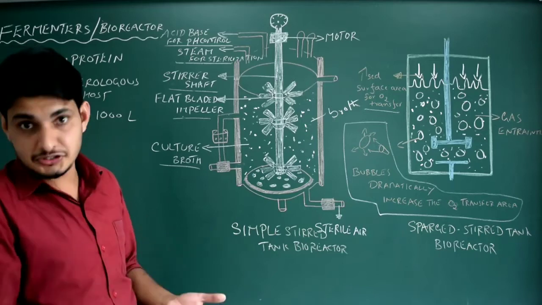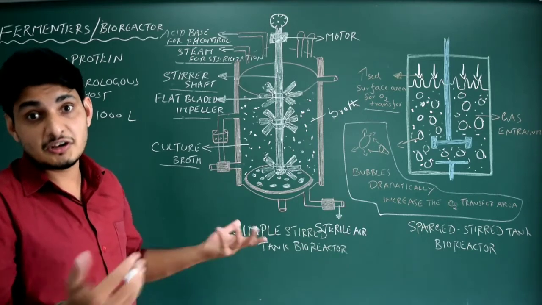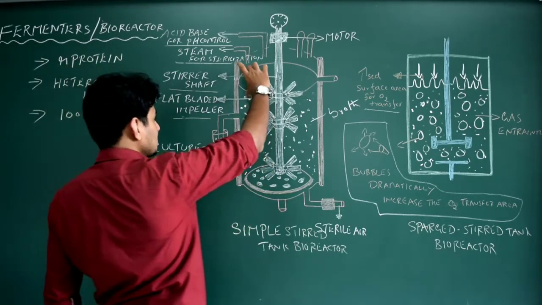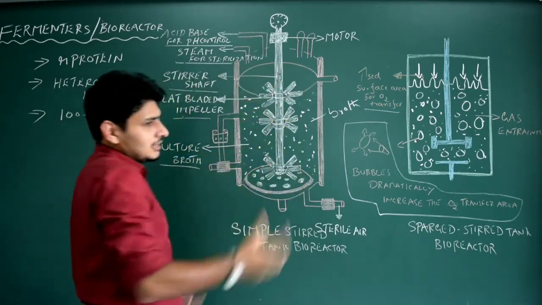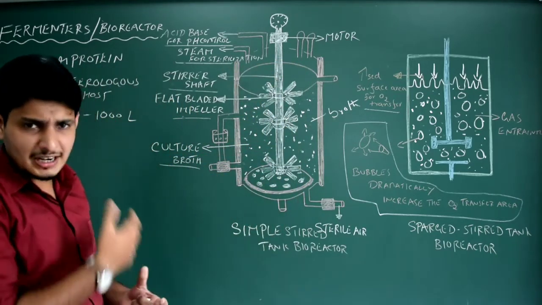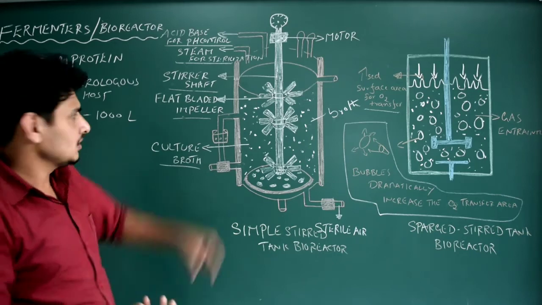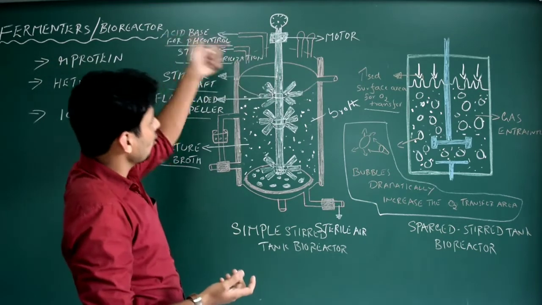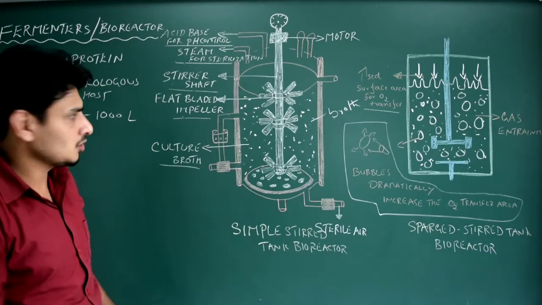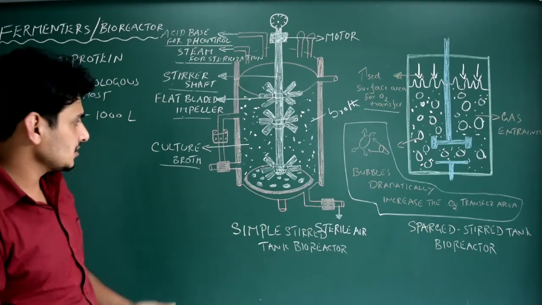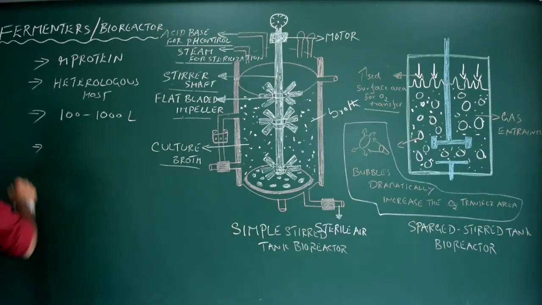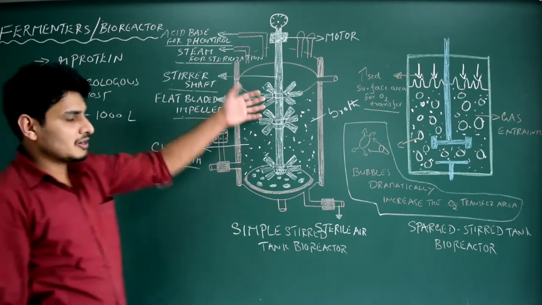It's like liters, just imagine 500 to 600, 700 liters. A small gap is provided normally, because it is fermentation, for the flow of air and carbon dioxide, because respiration takes place inside. Now the question is, as I said, why these bioreactors? I have already explained that.